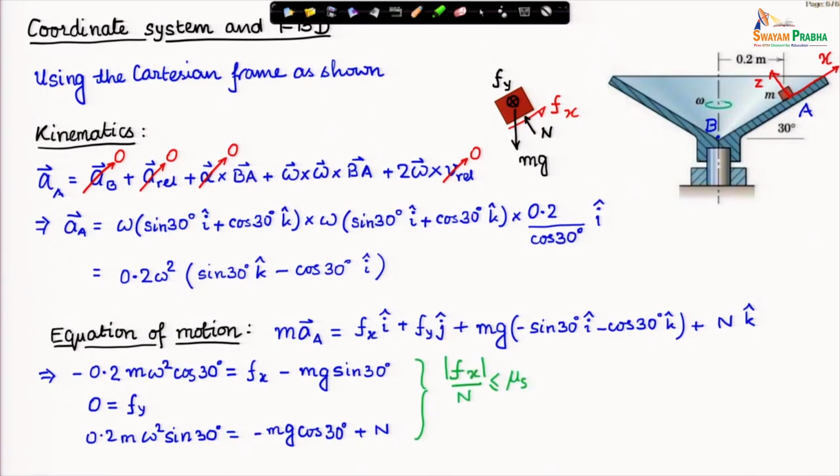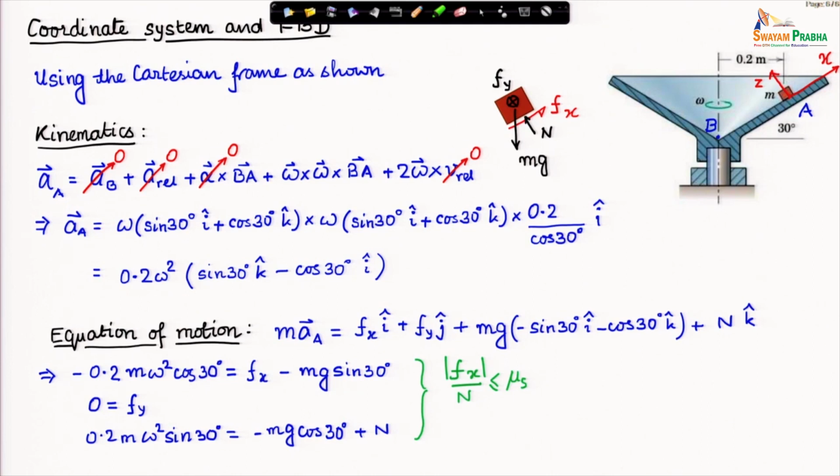Now, from these equations I must now use the no slipping condition. What is the no slipping condition? No slipping condition will be the net magnitude of the friction force divided by the normal force at the interface should be less than the static coefficient of friction.